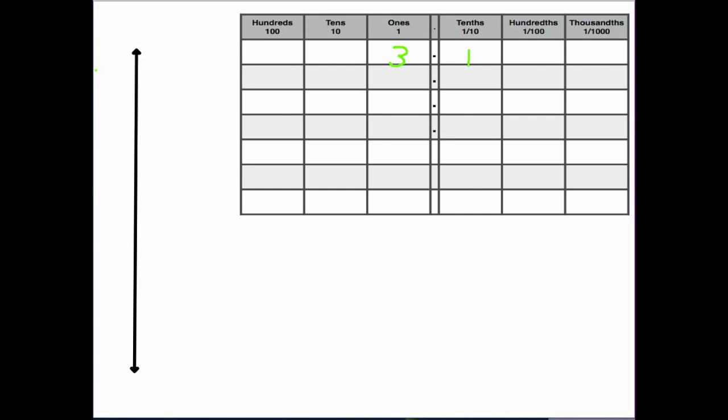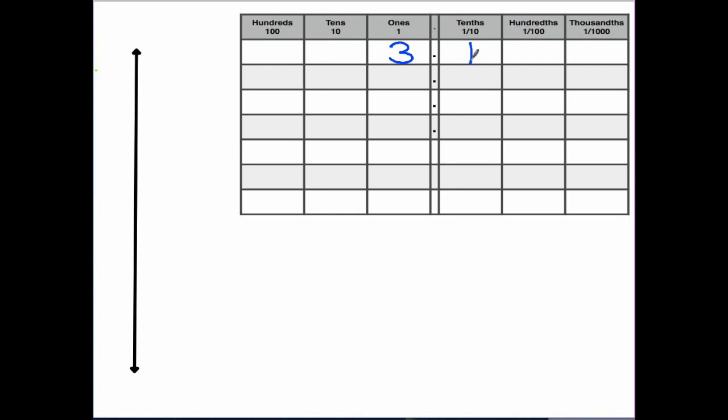We're going to start with this number. Raise your hand if you can read that number to me. 3 1/10. So I have the number 3 1/10, and I want to decompose that number.